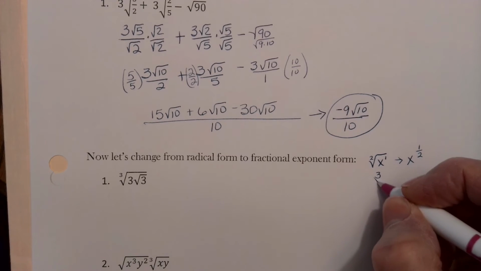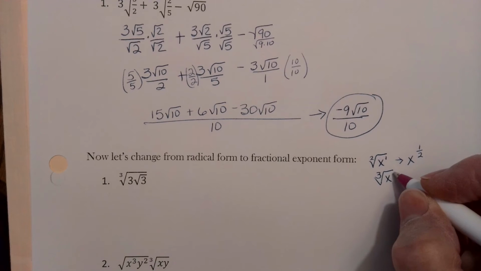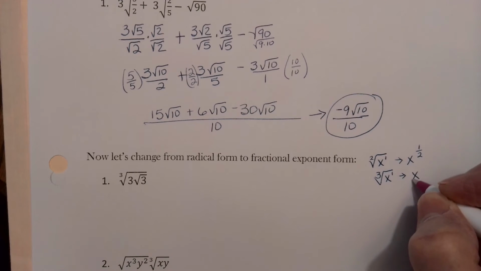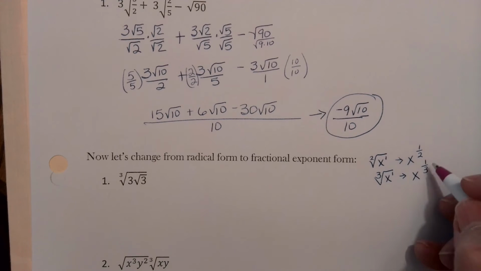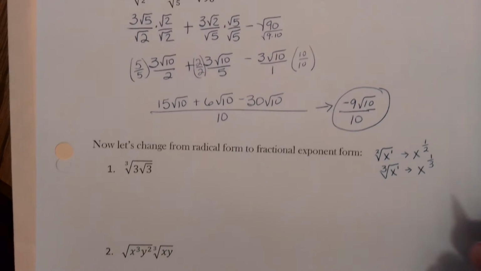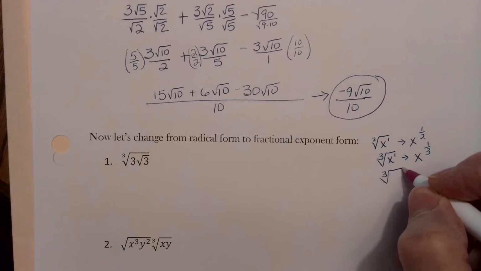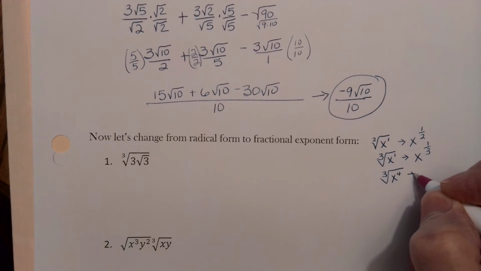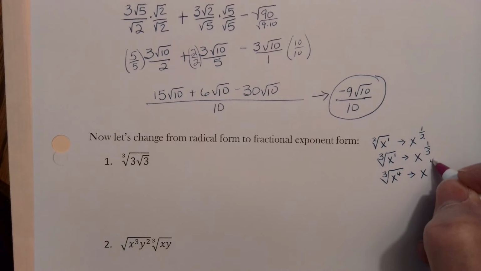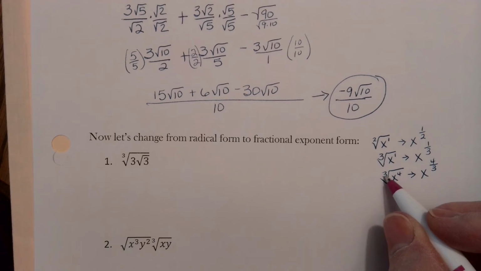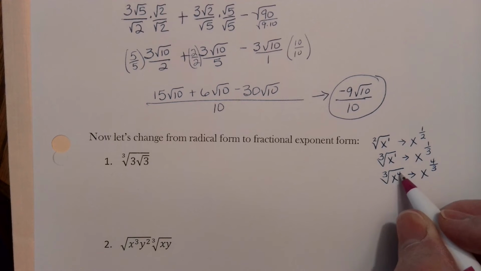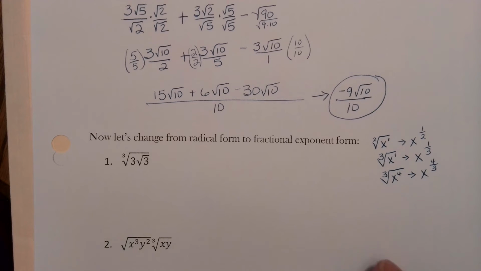If I have the cube root of x, there's an understood 1 here, that's x to the 1/3 power. So the root becomes the bottom number. If I had the cube root of x to the 4th, that'd be x to the 4/3 power. The root is the bottom number, the exponent is the top number.